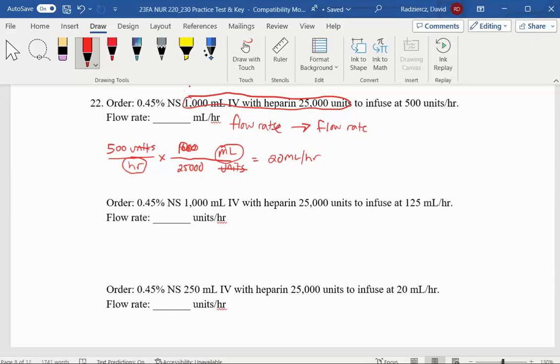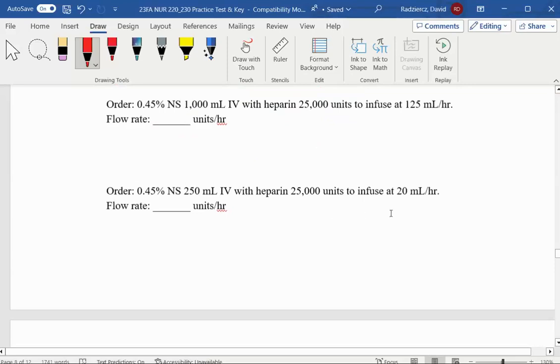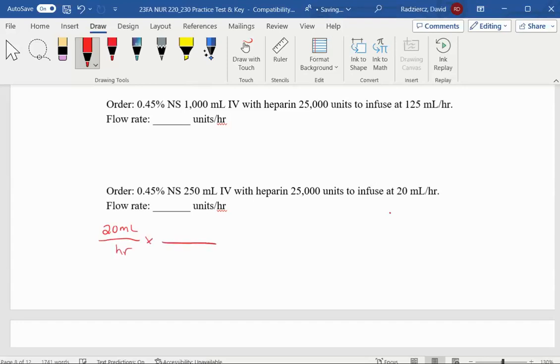Now, if the question were an inverse relationship, again going from flow rate to flow rate, but this time from milliliters per hour to units per hour, I'm going to do the same thing. I'm going to start with my 20 milliliters per hour. I'm going to get rid of milliliters and convert to units using what I have available in my IV.